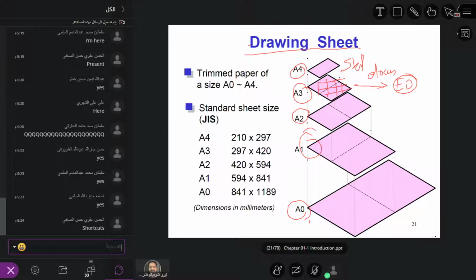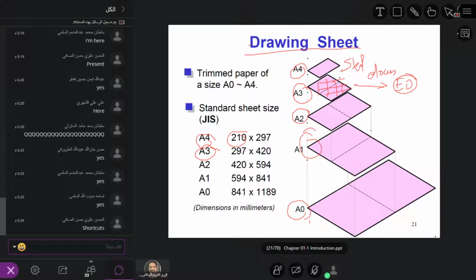As per the Japanese standard, A4 means it is 210 by 297 millimeters, and A3 is 297 by 420 millimeters. That's the size of an A3 sheet. You understand? Now you see here, interesting is, as the number keeps increasing, A0, A1, A2, A3, and A4, the size keeps reducing.